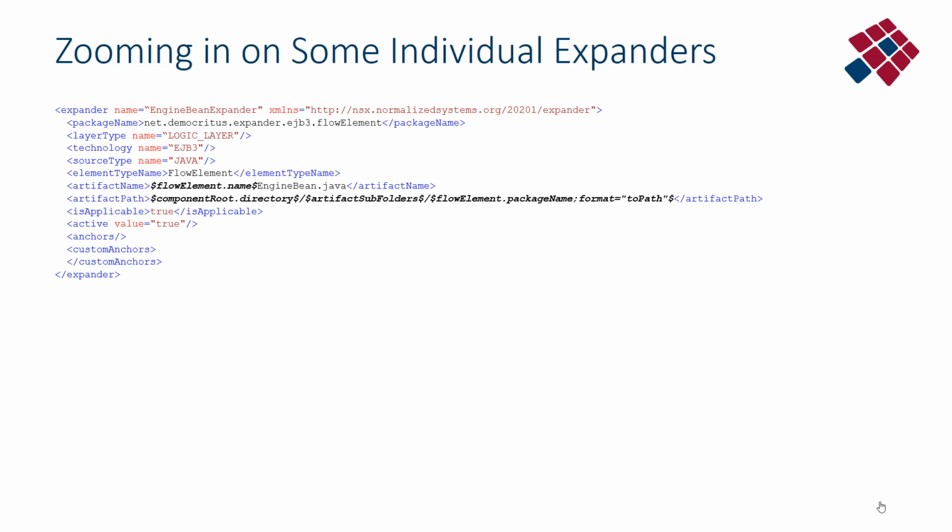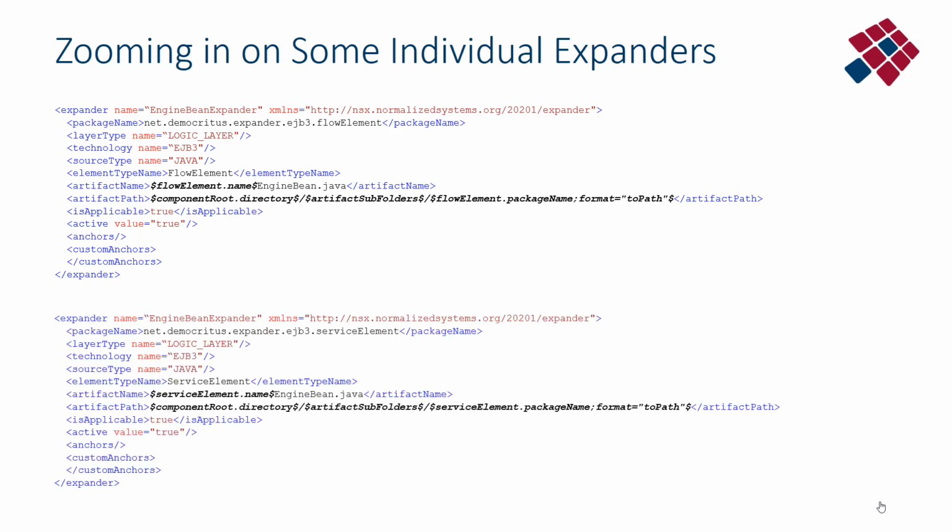And if we look into more detail, we see here for the flow element, the engine bean expander, the package name, the layer, the technology, the source type. We see the way the artifact is named, the path that it is constructed, etc. And we can see the same thing for the engine bean expander in the service element.